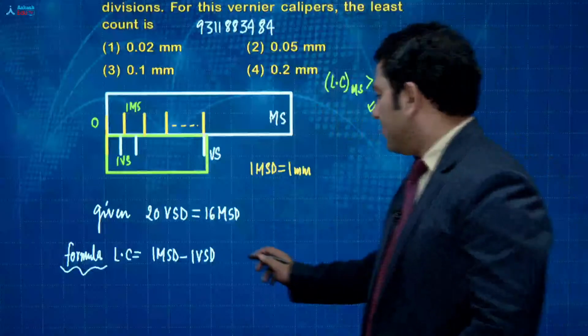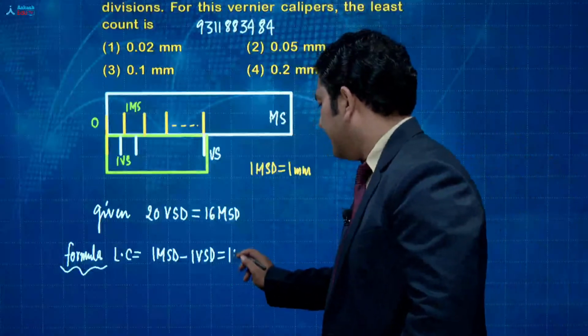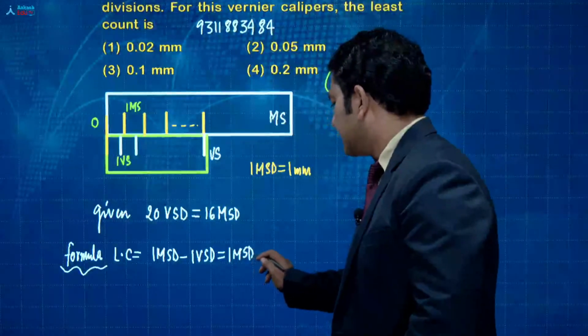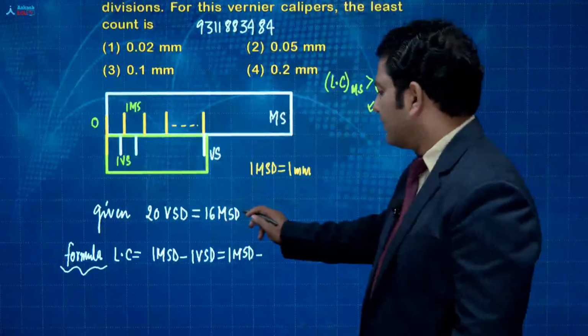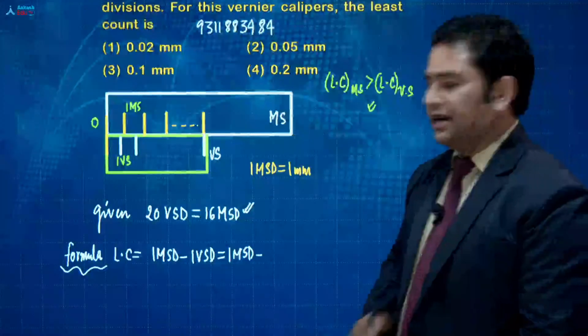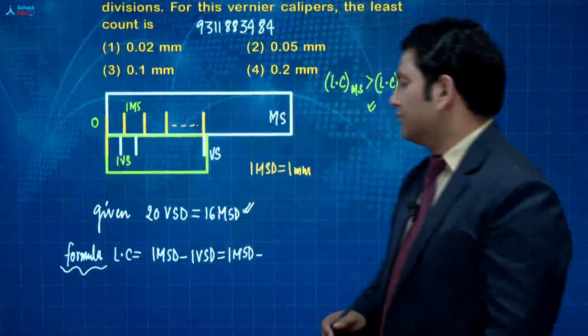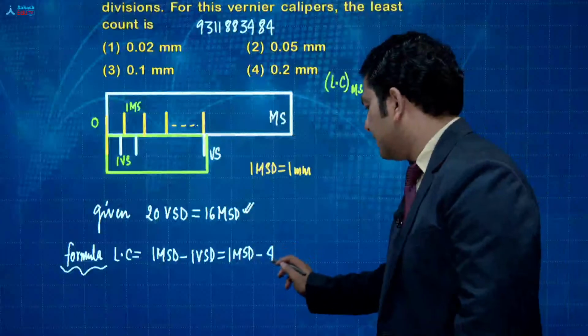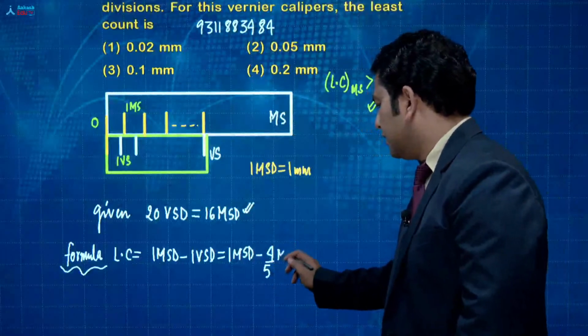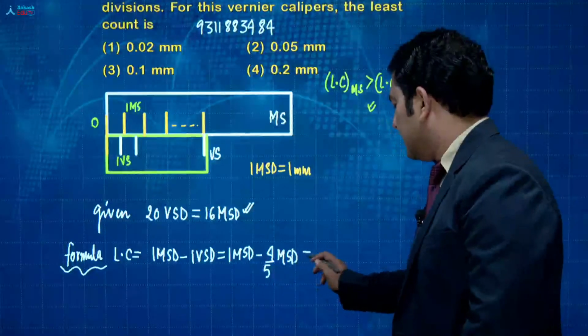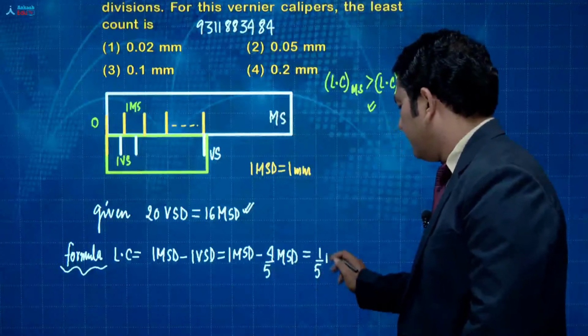Now, let's see. 1 MSD minus 1 VSD ki value, I think we can find it from there. Like 20 VSD is 16 MSD, then 1 VSD will be 4 by 5 MSD, right? That's a simple unitary method, or ये बन जाएगा 1 by 5 MSD.